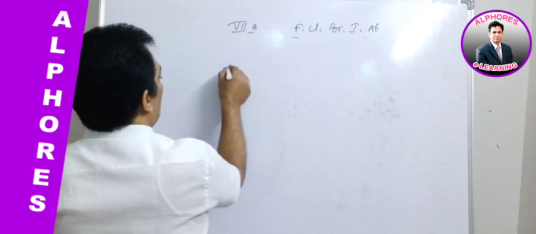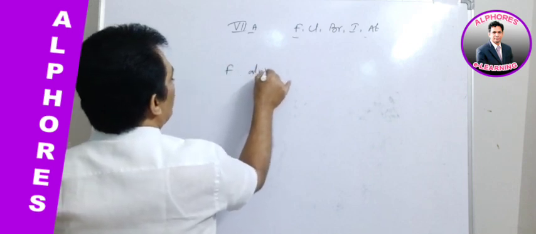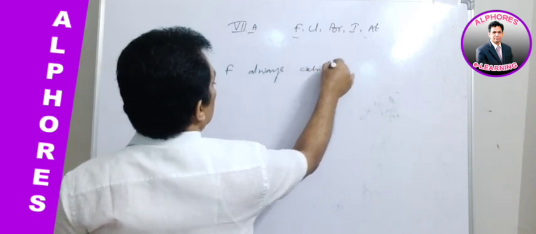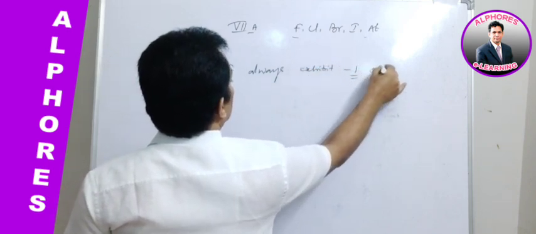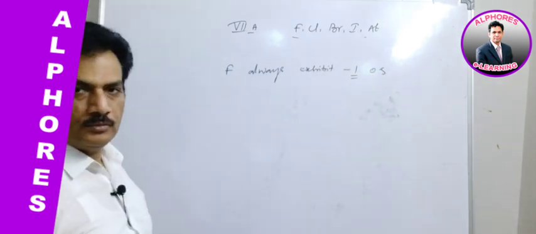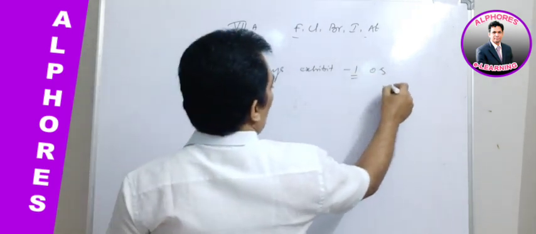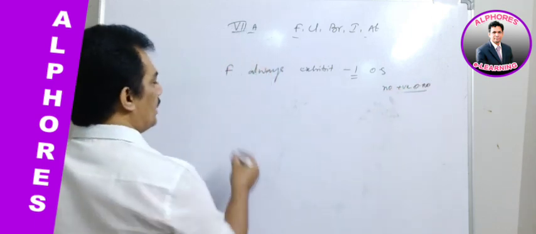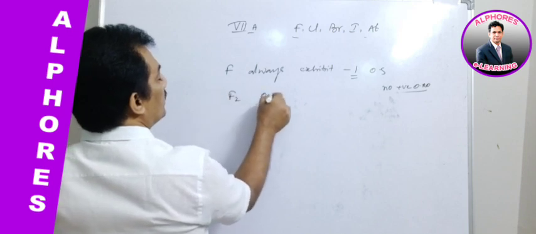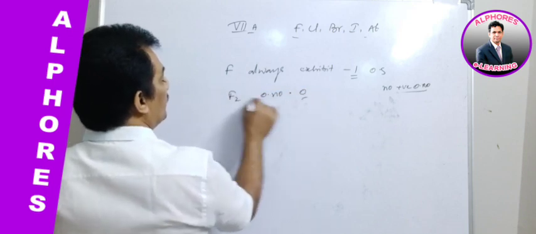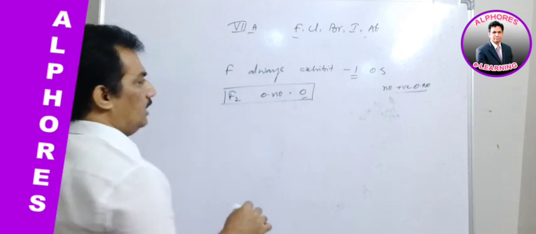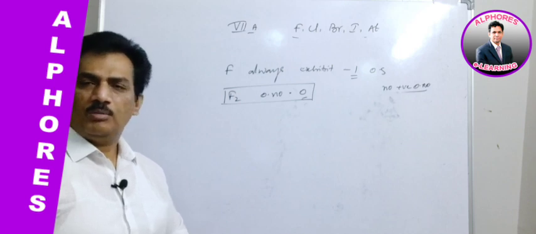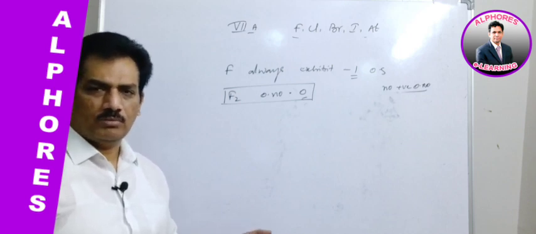Here fluorine always exhibits -1 oxidation state, no positive oxidation number. And remember, in F₂ the oxidation number is 0 because it is in the elemental state. Already we know it is the fundamental rule. When fluorine is in its elemental state, automatically its oxidation state will be 0.